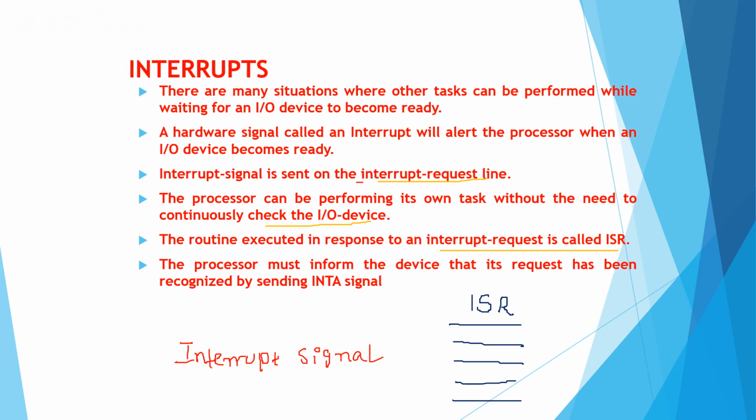The processor must inform the device that its request has been recognized by sending the INTA signal, that is, the interrupt acknowledgement signal. When the device gets ready, it will alert the processor by sending an interrupt signal. Thus, by using interrupts, the processor waiting cycle can be eliminated.